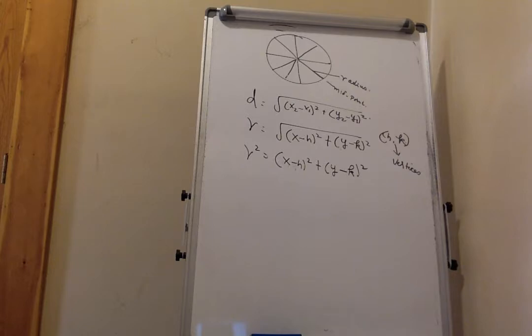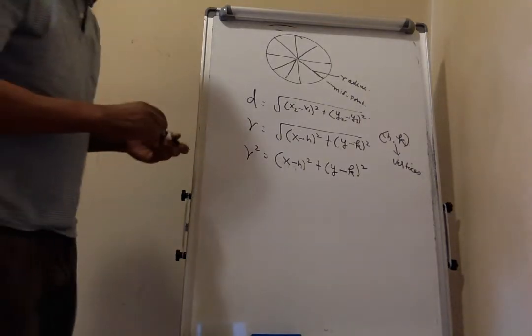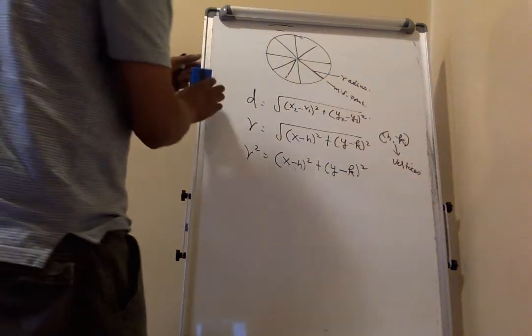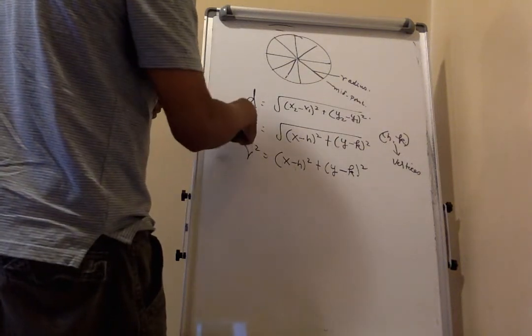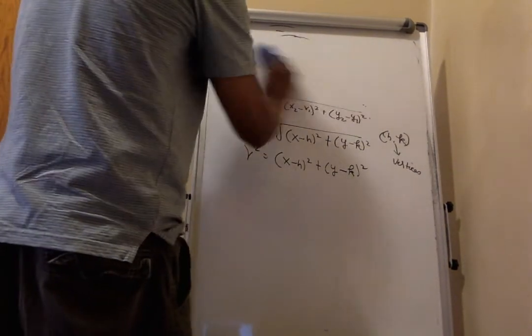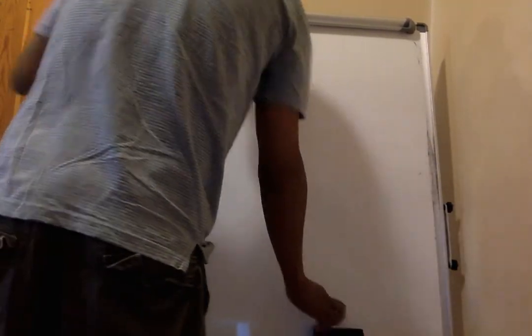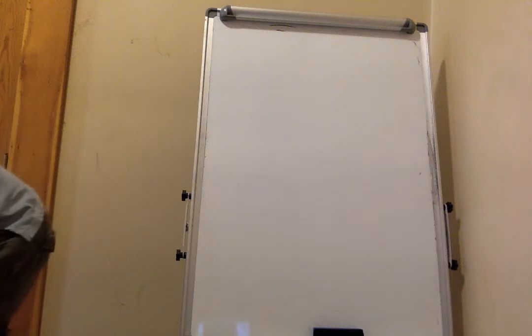We'll talk about the vertices later on because I don't want to explain it right now; we'll cover it when we talk about parabolas. So we are going to use either of the equations depending upon the questions that we are asked to solve.